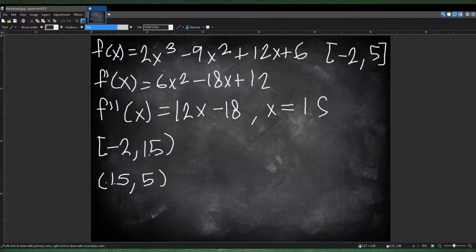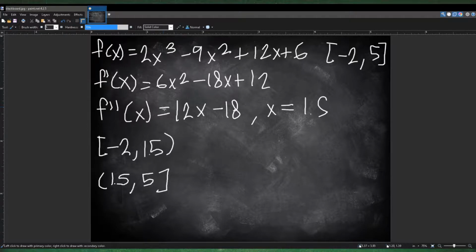Now you have to find the values that go into the second derivative and see if it's positive or negative. So we have -2 to 1.5. What value can you put in? Let's say we could put in 0, because 0 is between -2 and 1.5.